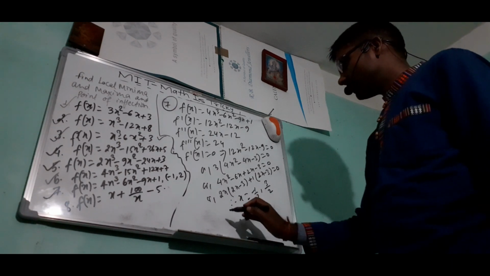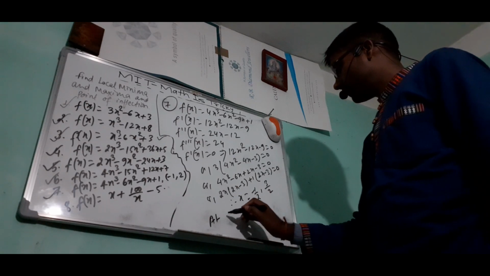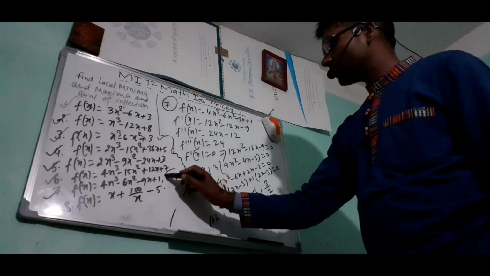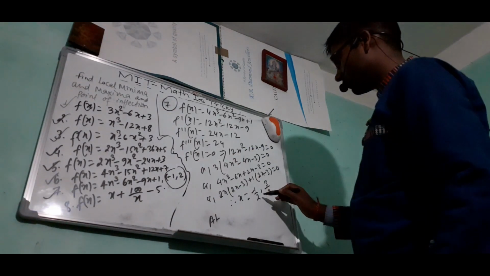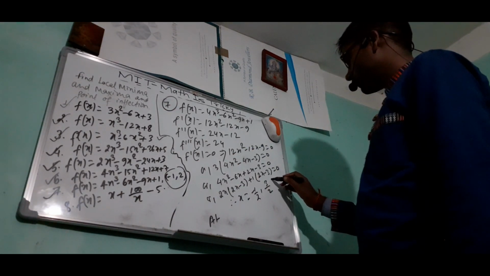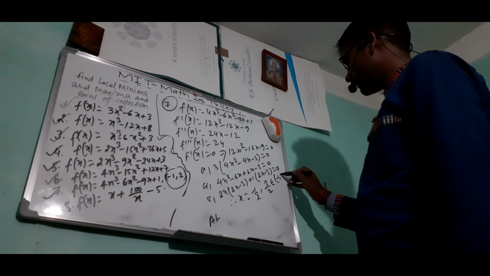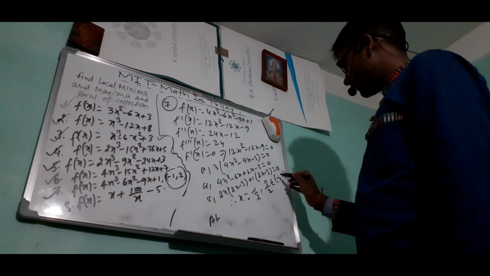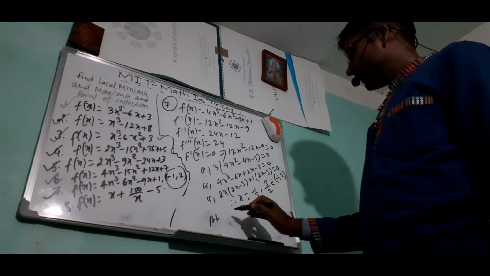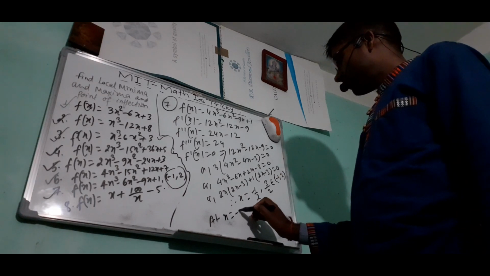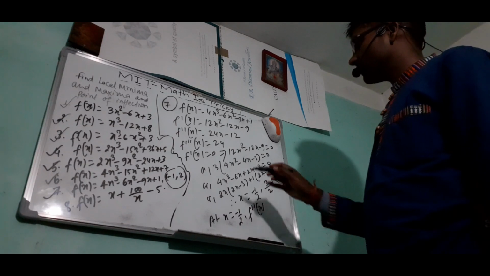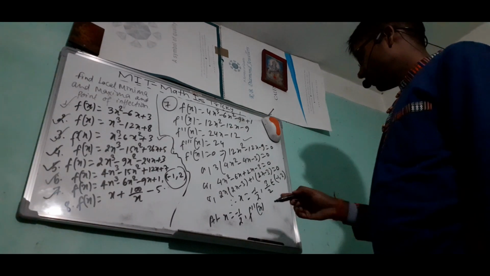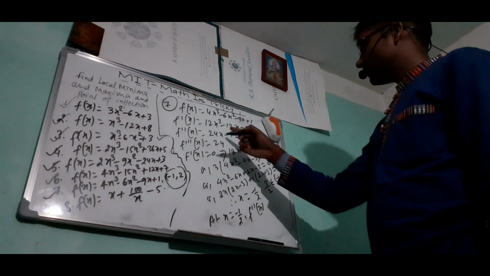Now we are given one interval also, so we need to just check whether these two values lie between these two or not. Both belong to the interval between minus 1 and 2, since 3 by 2 is 1.5. At x equals minus 1 by 2, if we check the sign of the second derivative, what do we get? It is negative.